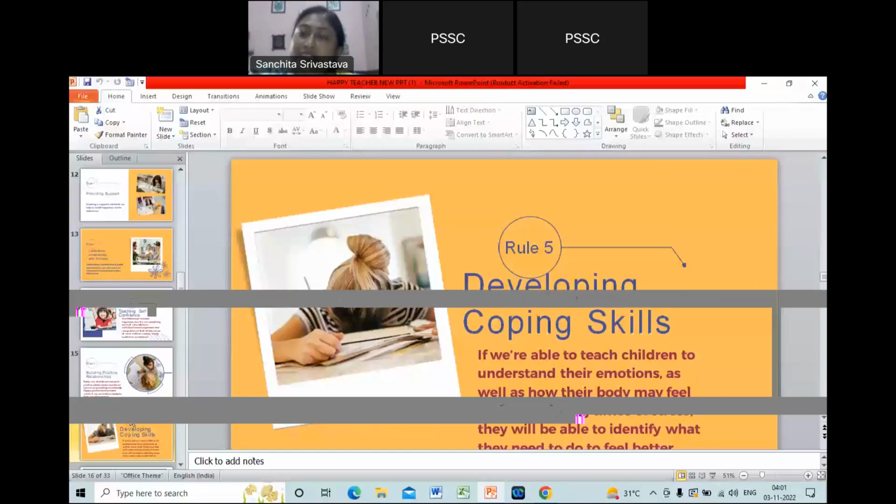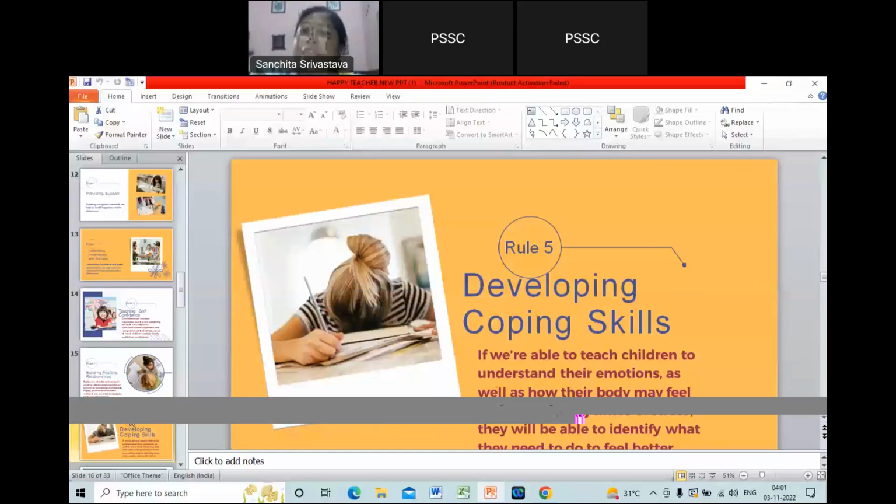And sometimes they meet a failure, sometimes they do not achieve what they want. At that time, how do they cope with it? That coping skill is very, very important because children may get distressed, especially the adolescents, especially the young children. That is very difficult for them to cope with.